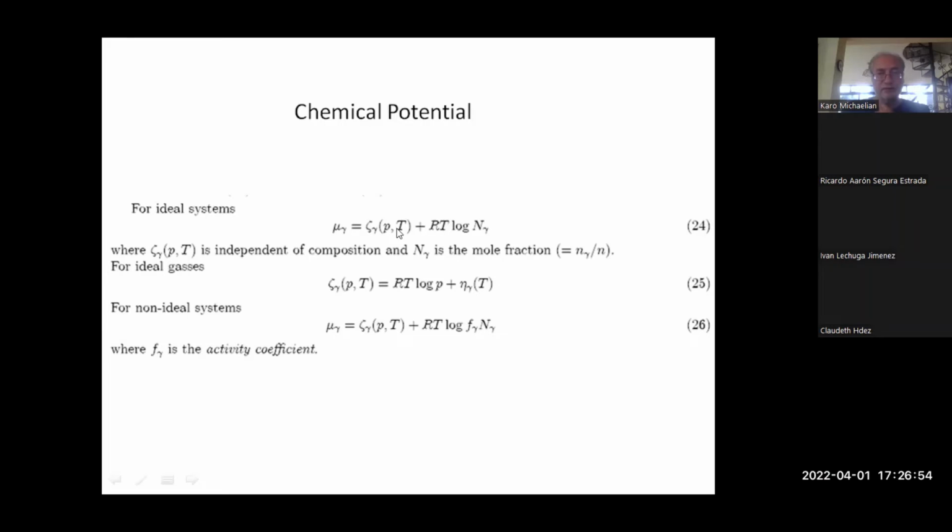We can divide this component into two parts also, each depending on a different variable, the pressure and the temperature. But for non-ideal systems, that is systems in which the particles are interacting between them, we can still write an equation similar to this, but now we have to include what is known as an activity coefficient. This measures the interaction between the particles. So this is how the chemical potentials depend for systems which are non-ideal.